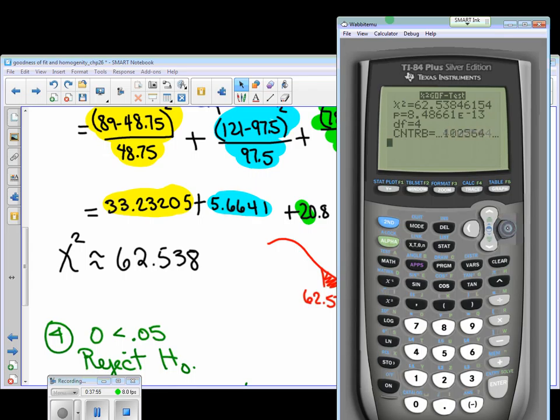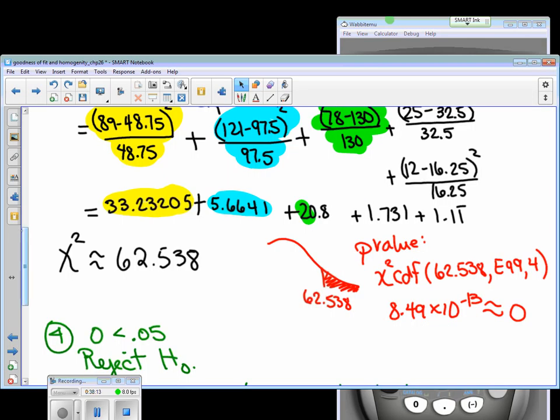Let's see if it does. Sure enough. All of the individual contributions to your chi-squared test statistic are on the calculator. So you can check them. Okay? It's kind of nice. So even though I'm asking you for all of this work, the calculator gives it to you too.